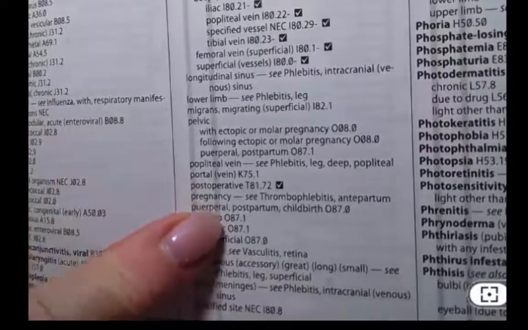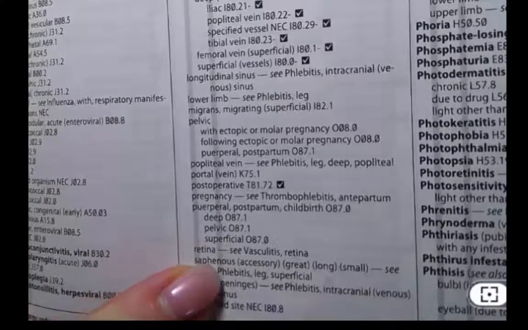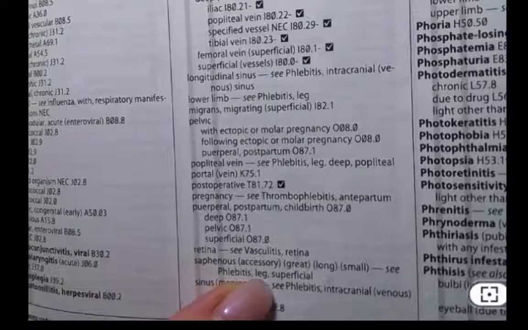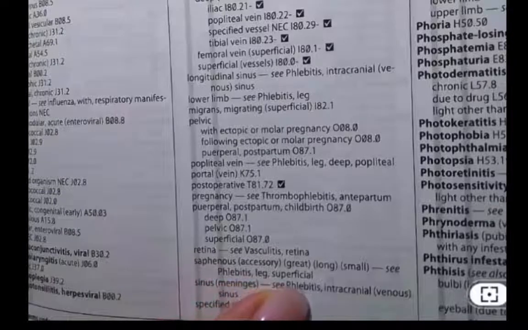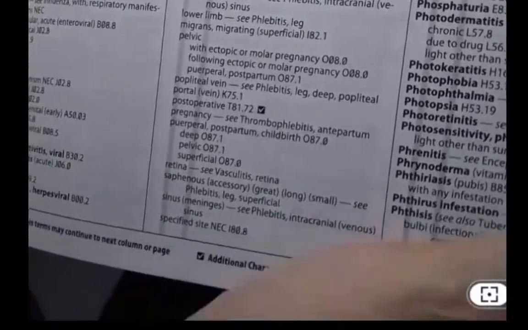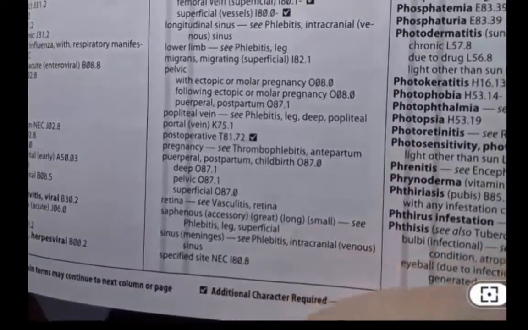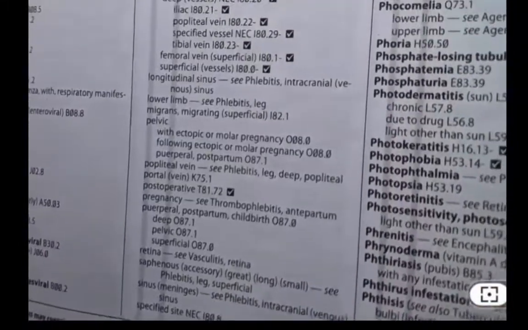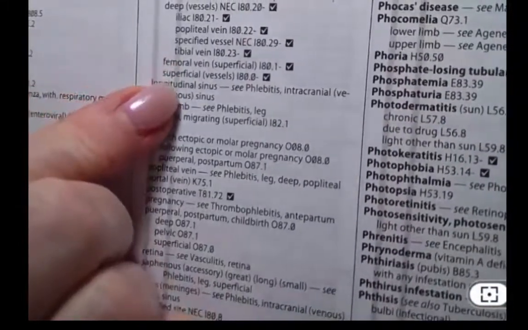If we had looked up the saphenous, phlebitis saphenous vessel here, you see it refers us to a different path, phlebitis leg superficial. So we go back up here, just look up a little bit and it's right here.